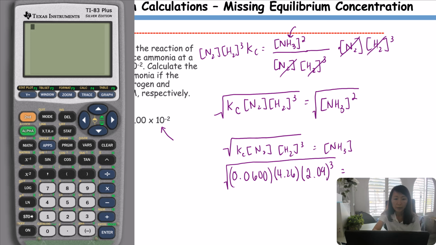So we have 0.06 times 4.26 times, I'm going to multiply by parentheses 2.09 to the third power. And I put it to the third power like this so that the third power only represents that 2.09. I'm going to press enter, and that's what should be underneath that square root. Go ahead and press second, then the x squared.